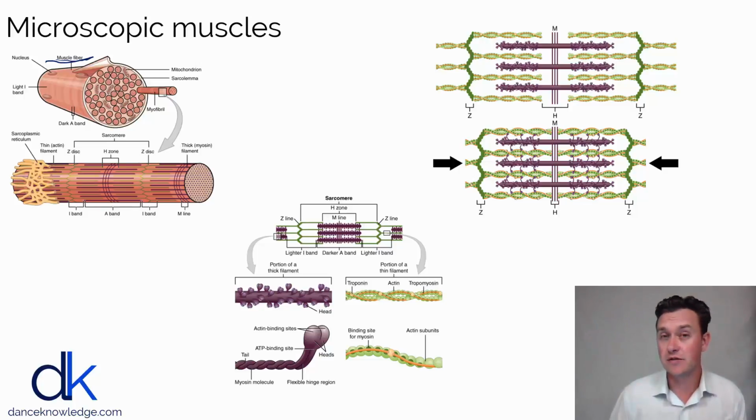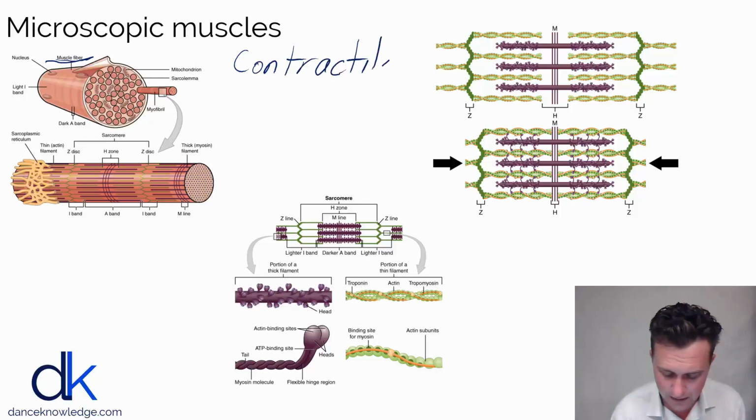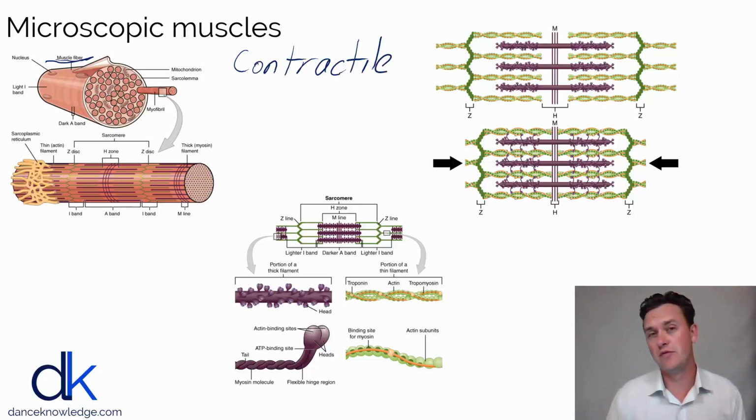But what we're looking at for this video is what we refer to as the contractile elements, or I referred to them as the active elements because they're the parts of the muscle that actually use energy to produce force and to produce movement.